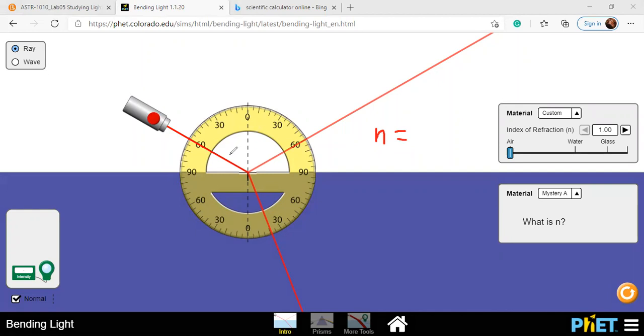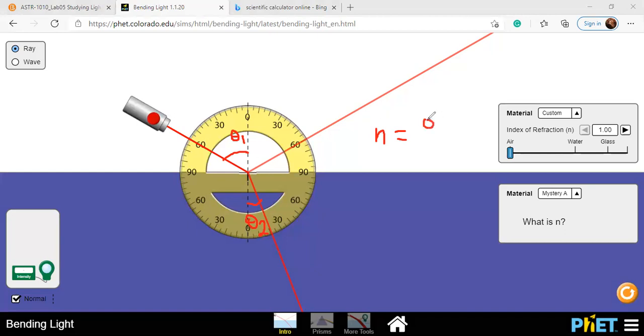Theta 1 is the angle of incidence, and this is theta 2. So always measure the angle from the normal. Incident, refracted, this is the normal. Don't take this other angle, that is totally wrong. So sine 60, I'm getting 0.86.